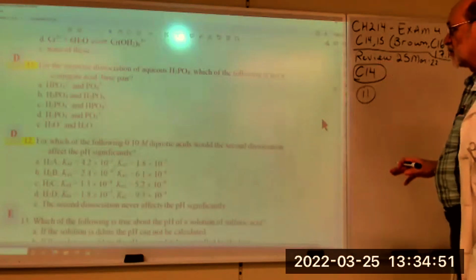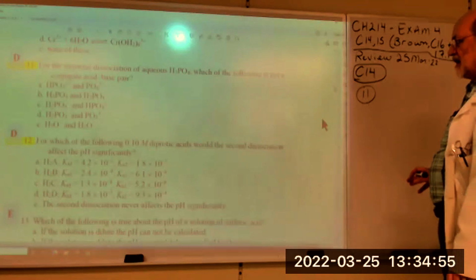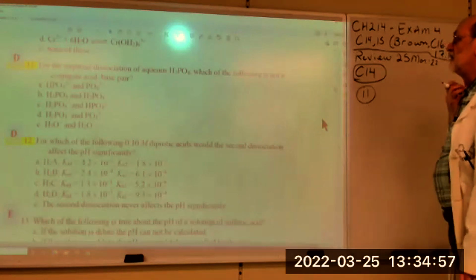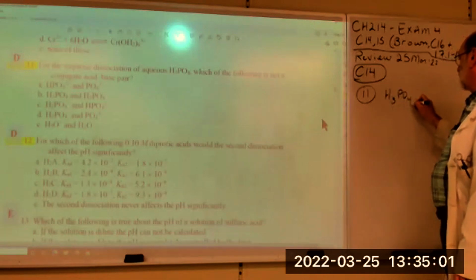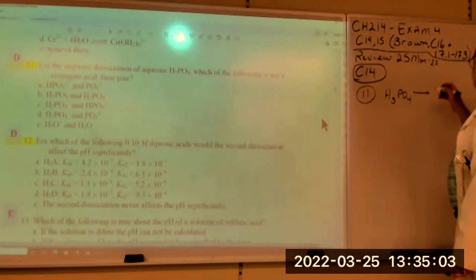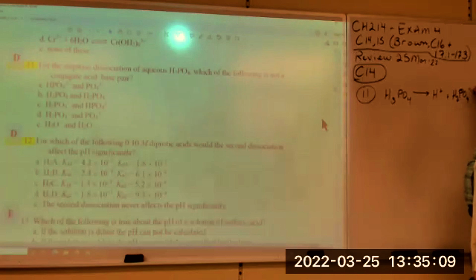For the stepwise dissociation of aqueous H3PO4, which of the following is not a conjugate acid-base pair? So the stepwise dissociation of H3PO4 produces what? One hydrogen ion and an H2PO4 minus.